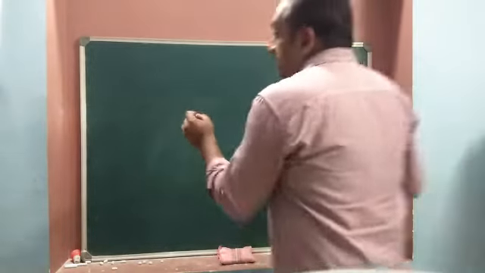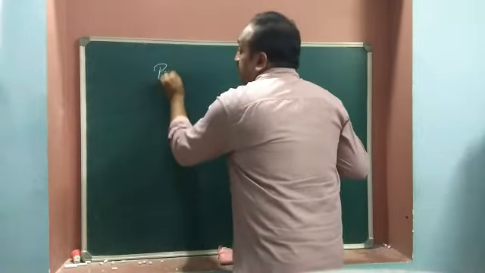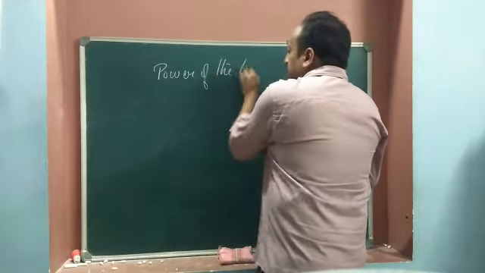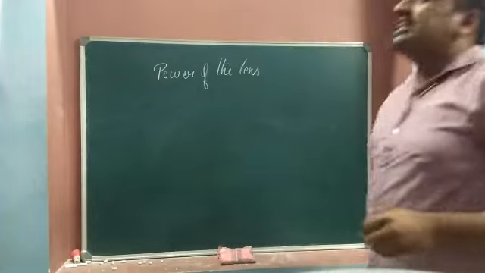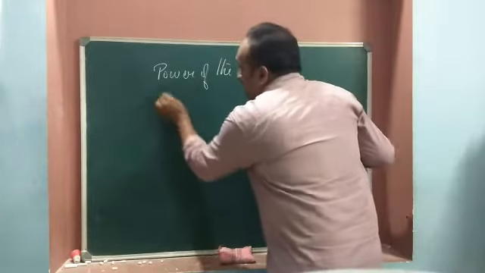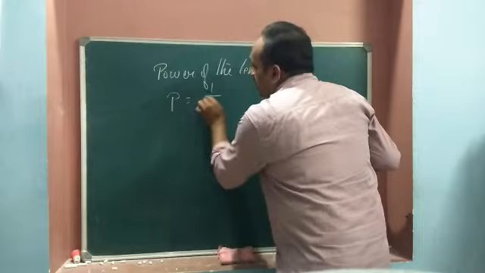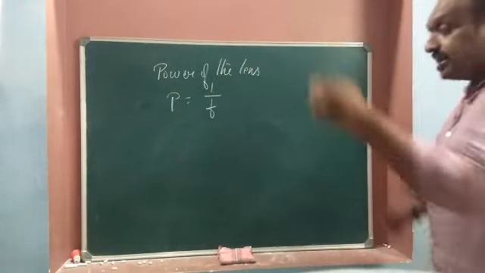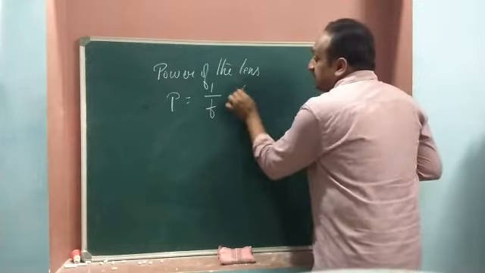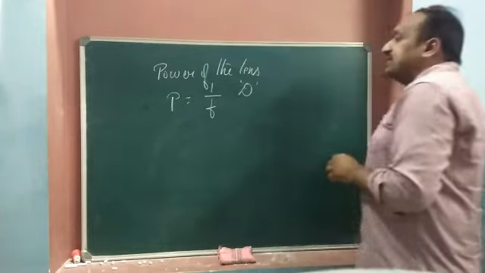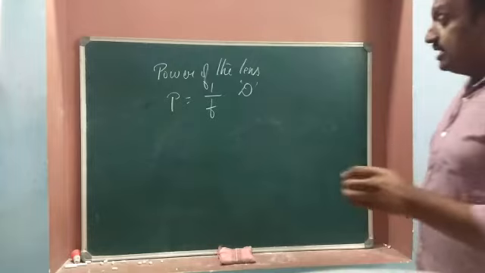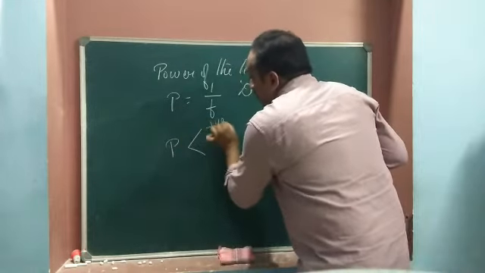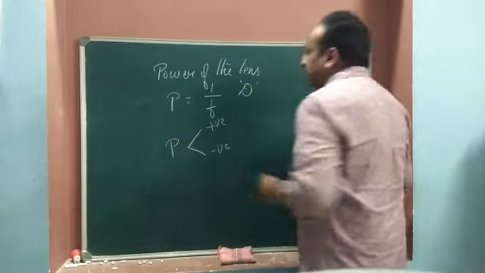Friends, let us study the power of the lens. What does the power of the lens define? The power P will be equal to 1 divided by the focal length of the lens. And the unit of this power is diopter, represented by capital letter D. This power may be positive or may be negative.